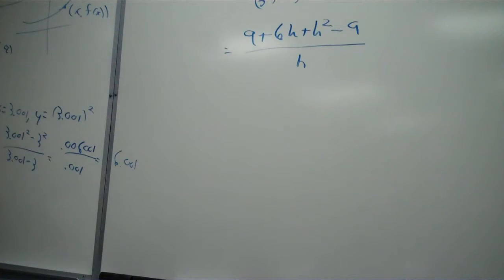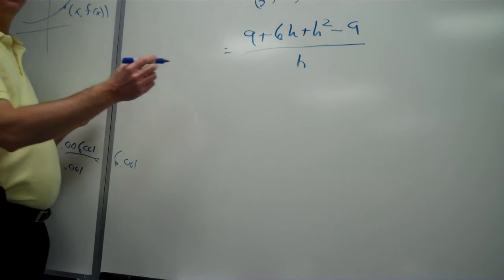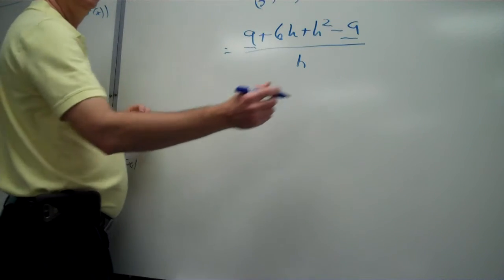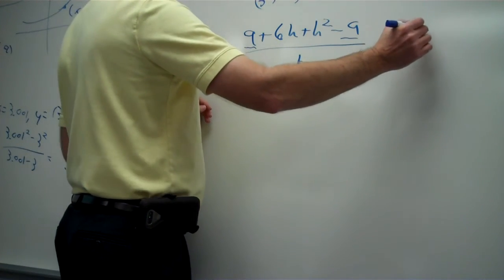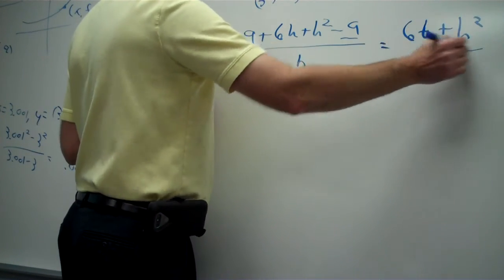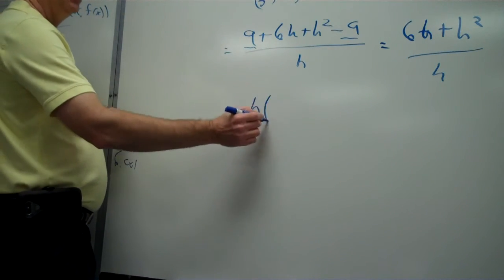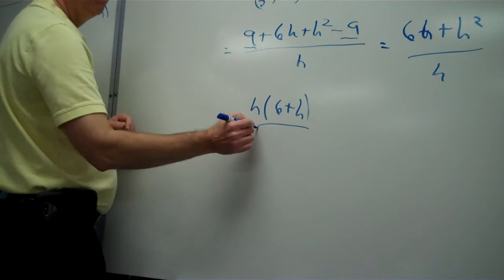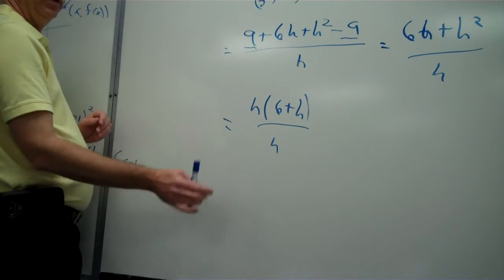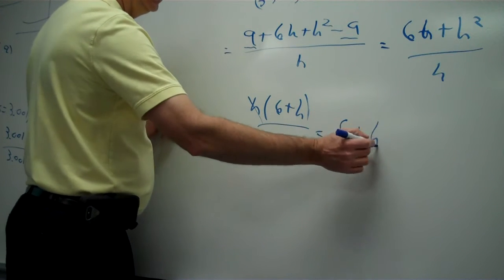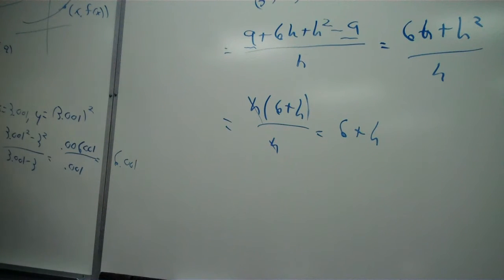Do we see anything that simplifies? Well, we've got a 9 and a minus 9. So we've got 6h plus h squared all over h. If I factor an h out of the numerator, h then times 6 plus h, I can cancel the h's, and this actually simplifies down considerably.